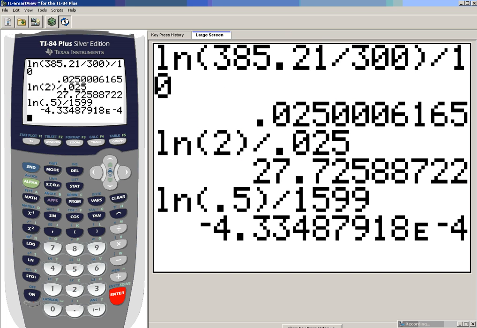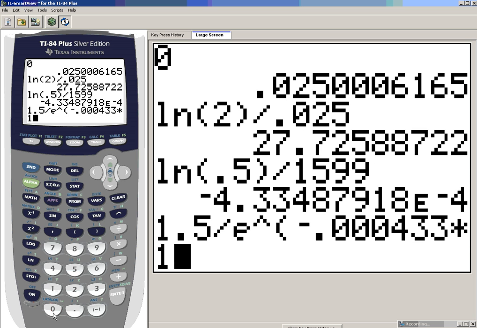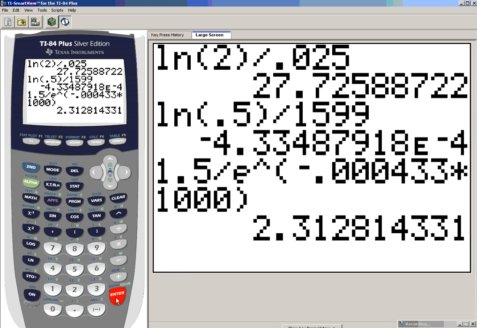Plug this whole thing into the calculator. 1.5 divided by e to the negative 0.000433 times 1,000 power. And we see that we started with about 2.313 grams.